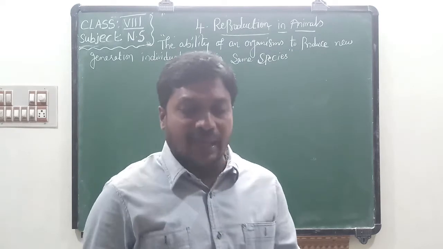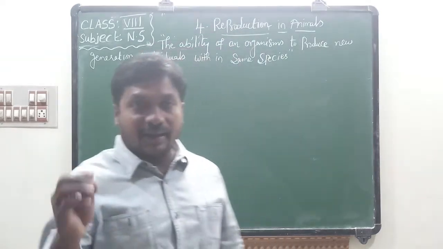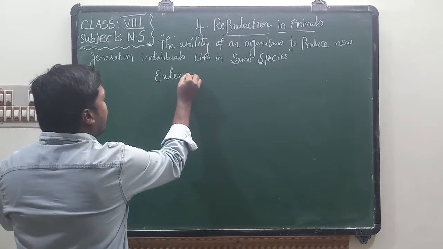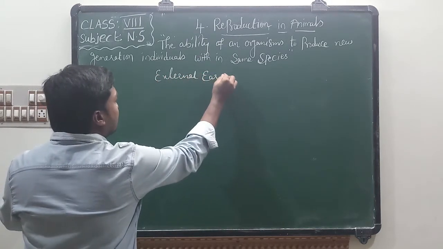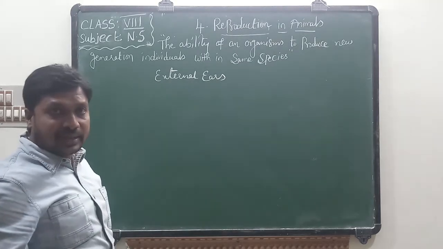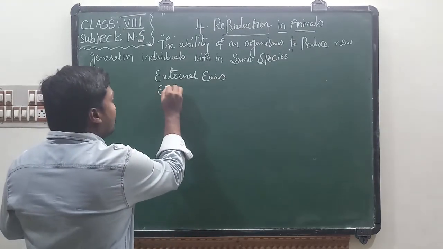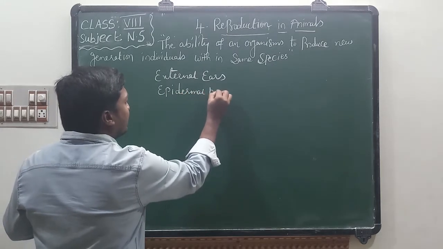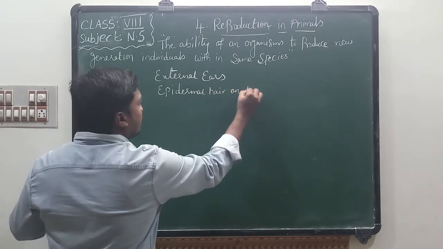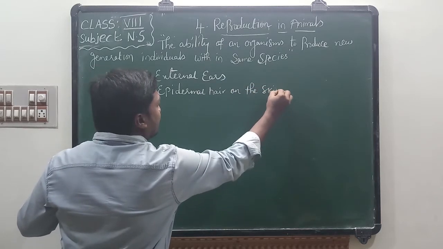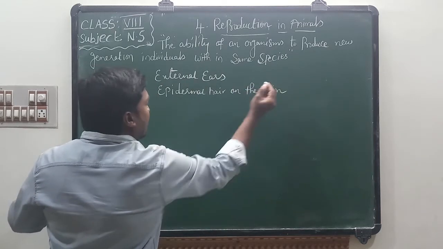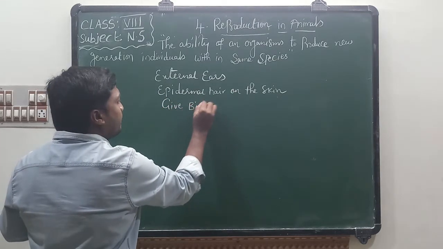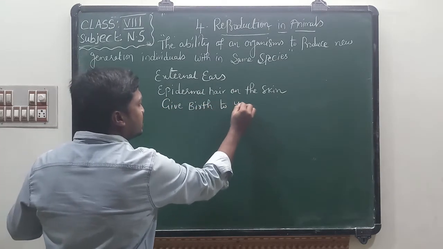So with the help of these tables, we can understand the animals which have external ears, the animals which have epidermal hair on the skin, and the animals which give birth to young ones.